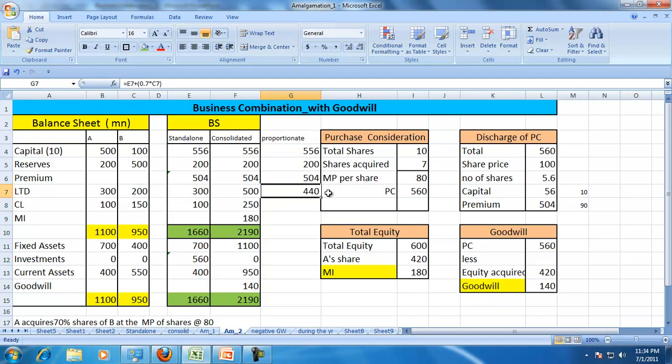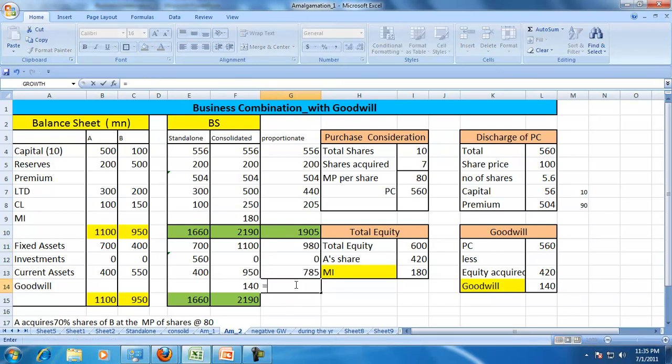The same is the case with the current liabilities, the same is the case with the fixed assets. No investments will appear. The same is the case with the current assets, and the goodwill will appear, and you see the total of assets.